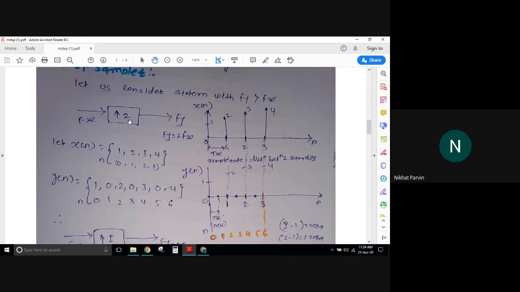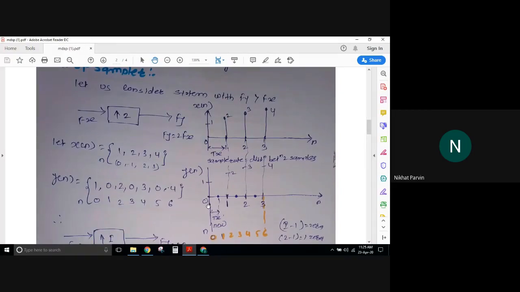If by 3, then 3 minus 1, 2 zeros I have to add. Here I'm upsampling by 2. This is the symbol of upsampling. When upsampling by a factor of 2, I insert 2 minus 1 zeros, and then only I get upsampling. In general, the common alphabet given to this is capital I.